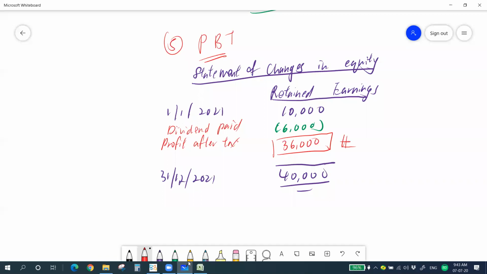Because we use 40 minus 10 plus 6 to get the balancing amount, 36. Or you can do the working again, 10 minus 6 plus 36, you get 40. But is this amount that we want? No, this is not the amount we want. Because the amount we want is profit before tax.